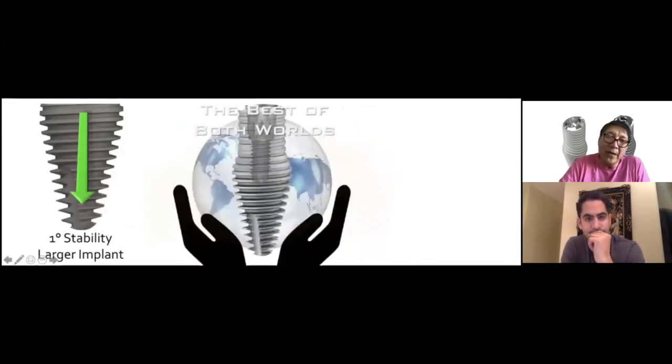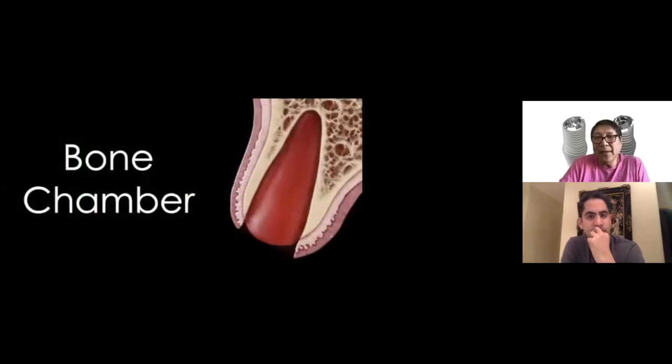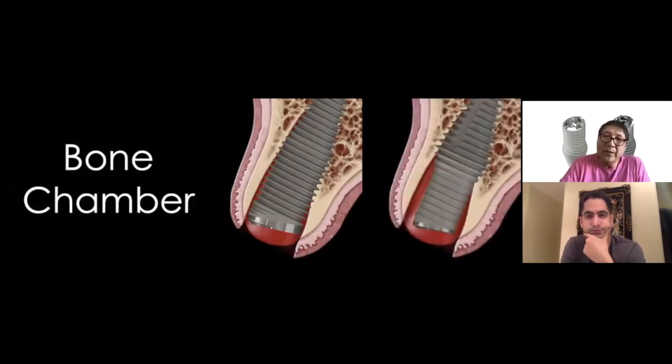Don't lose the identity of a tapered implant and what it does for you, but change the coronal portion to maximize your gap distance, to enhance the amount of grafting material that you could place in this area to recreate vital bone. It's just that simple. So instead of having this wider coronal tapered implant design, you could actually shrink the top.